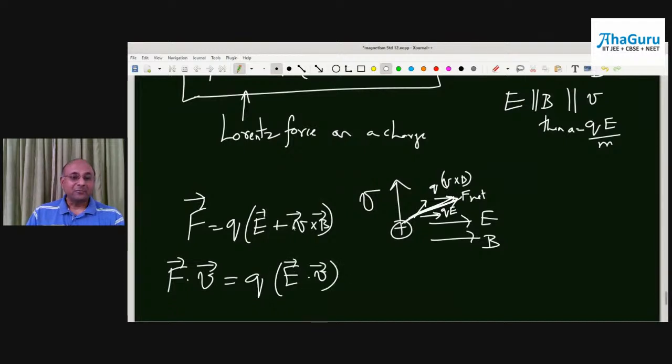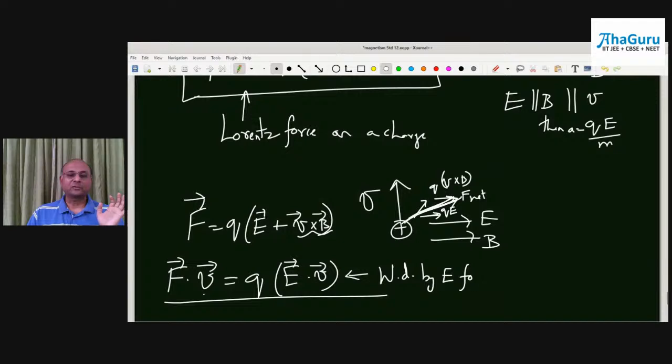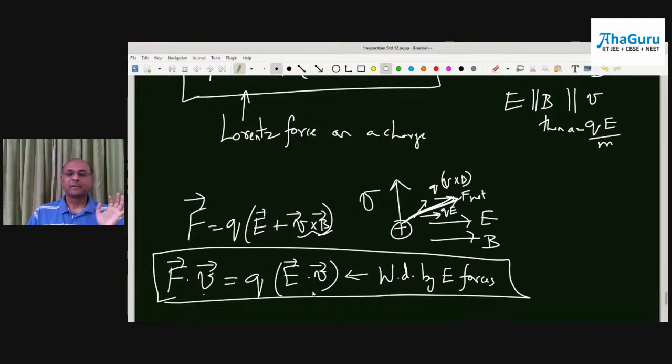But plus V cross B dot V will always be 0 because this is perpendicular to V. So the power is only because of work done by electric forces. The magnetic forces anyway never do work. This is work done per unit time, the power transferred by electric forces. Anyway, I hope this is clear.